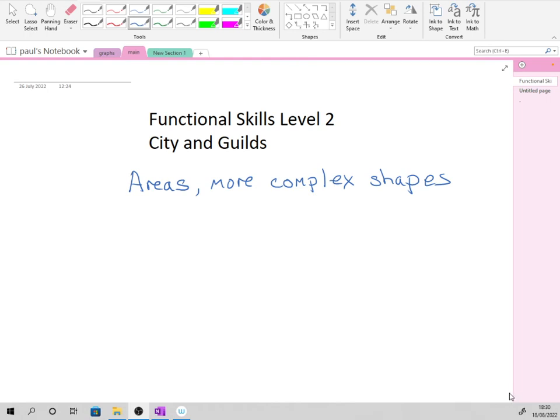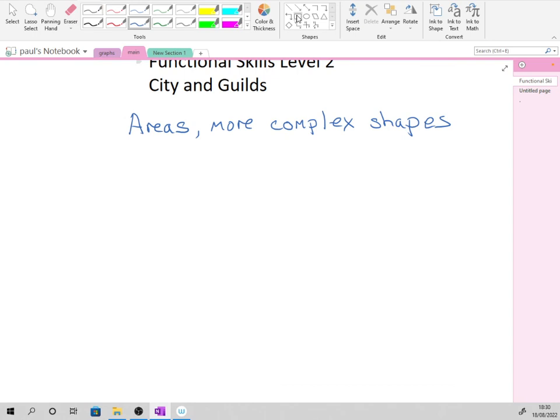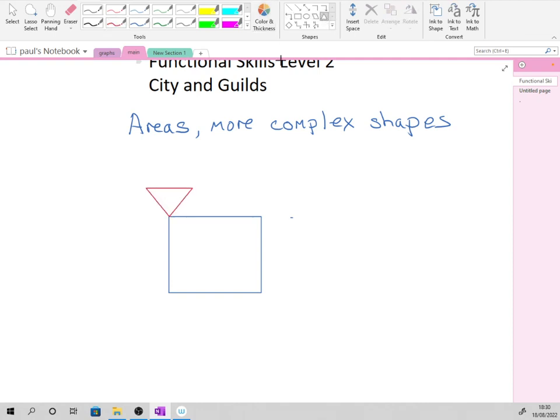I'll do this freehand because I'm a bit too hard. See what I can do then. So I've got that, and then on top, let's see if I can put a triangle on top. Will this work? Oh no. Put it on the bottom then.